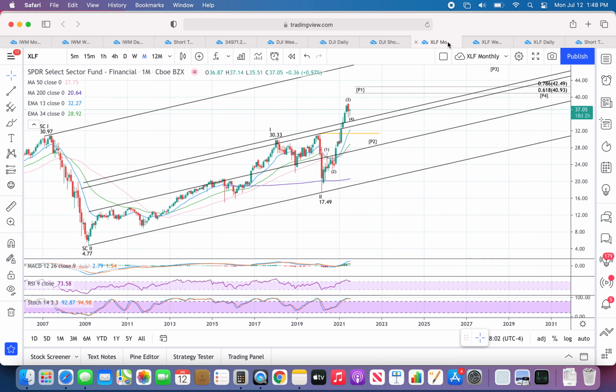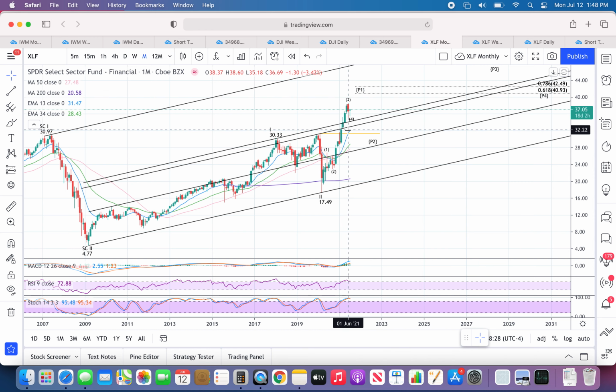Okay, last one is XLF. And I really like charting XLF because, like IWM, it counts really cleanly. And I have it in a very, very similar count to IWM. I have financials just having finished in the month of June an intermediate degree 4, working on one more push up into an all-time high.